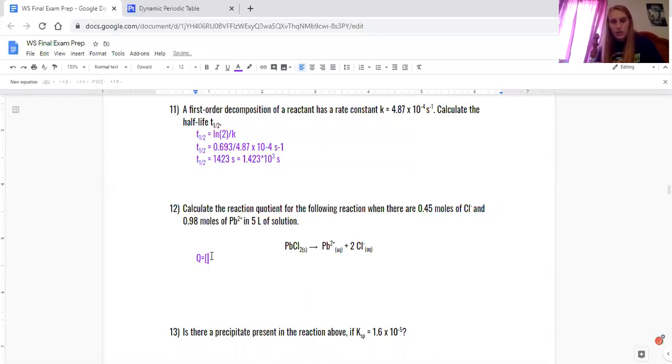So our concentration of Pb2 plus, let's capitalize that, times the concentration of Cl minus squared, all over concentration of PbCl2.